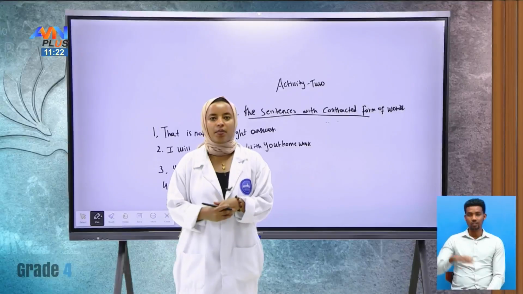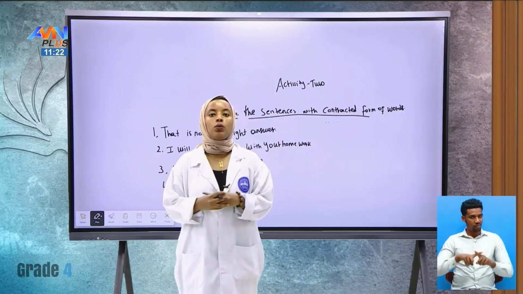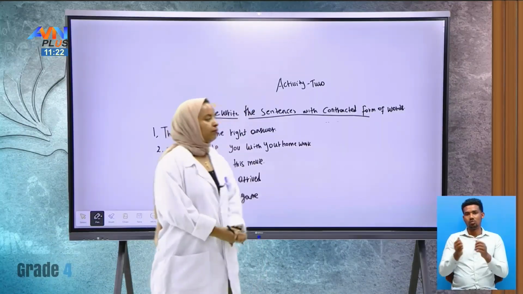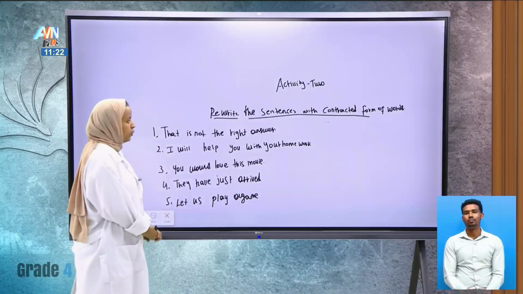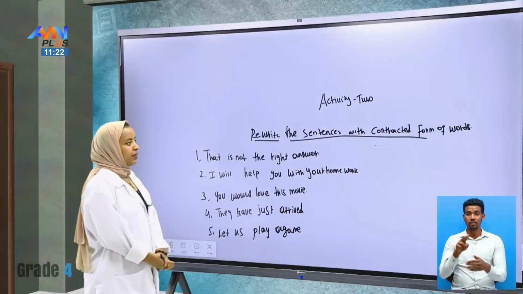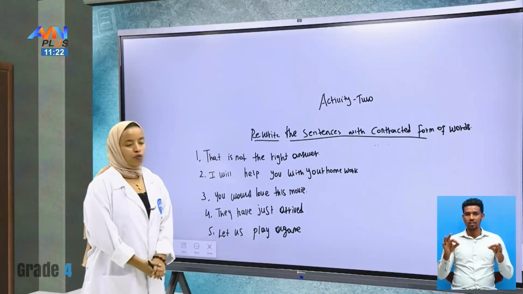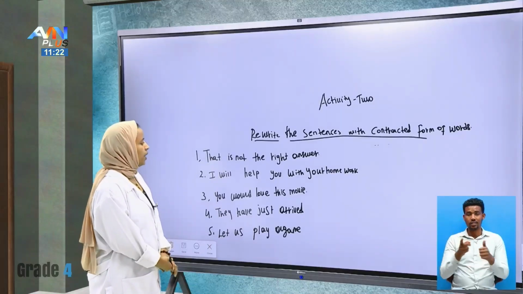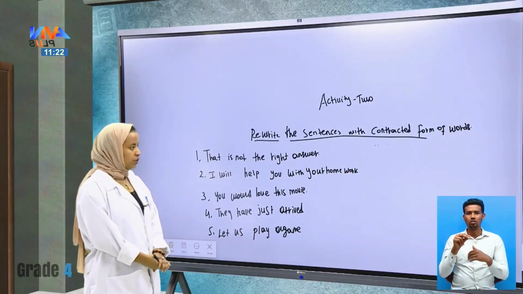Hello students, I'm back again. I hope you all have finished the activities. Let us start and practice together. So here is your instruction. Rewrite the sentence with contracted form of words. This is your instruction. So the first one is, that is not the right answer.